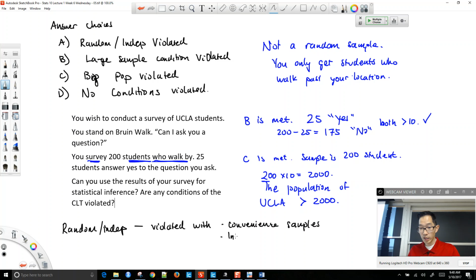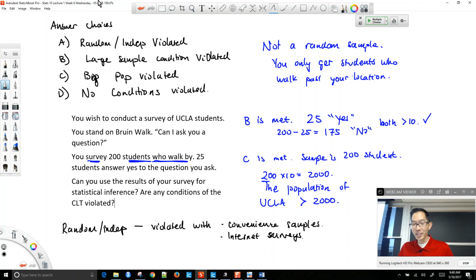Internet surveys will never be random. Most people just click X when a survey pops up, right? You go to a website, or you're using an app, and it asks, how do you like my app?